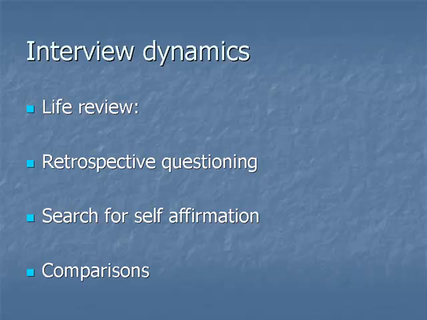Secondly, the search for self-affirmation. And thirdly, comparisons of the self with other individuals or of the younger self with the older self. And this kind of life review is central to other types of autobiographical practice too, such as the memoir. So if you pick up any memoir and think about these features, you can find them there.